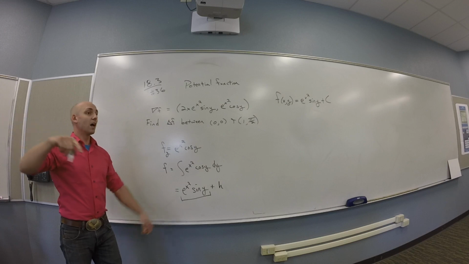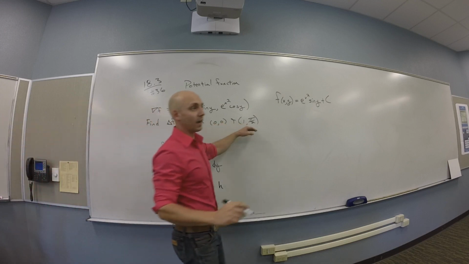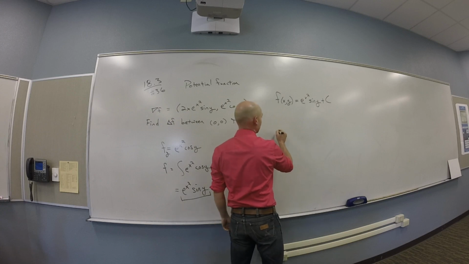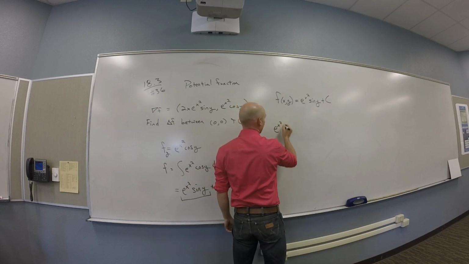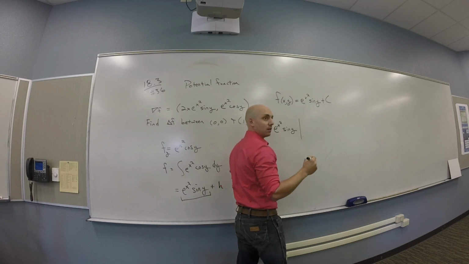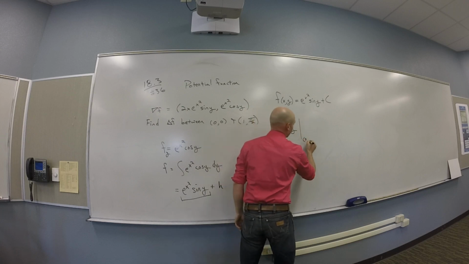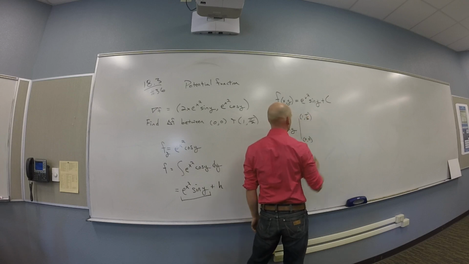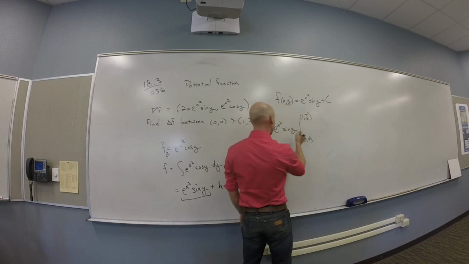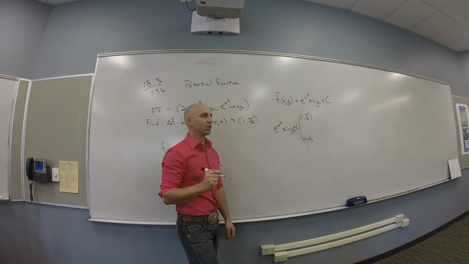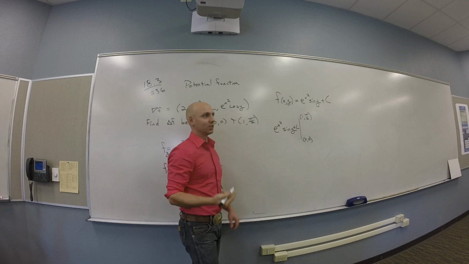Yeah, so now we need to evaluate at our 2 points and subtract. I'm taking my e to the x squared sine y and evaluating between 0, 0, and 1 comma pi over 2. I put your plus c in there just for kicks. We'll see that you don't need that here in a second, because you'll subtract it off.